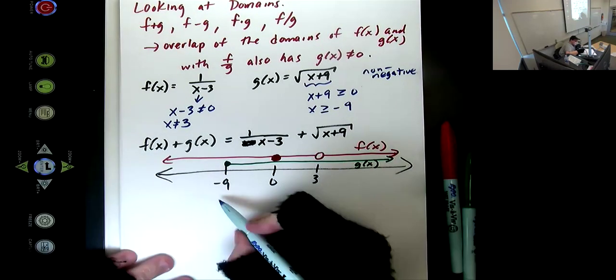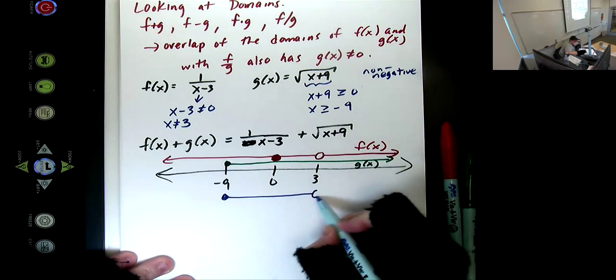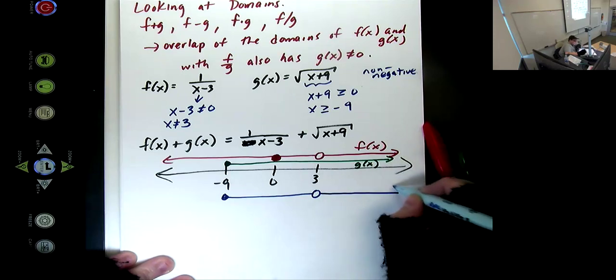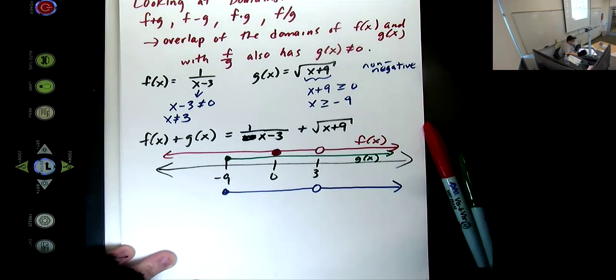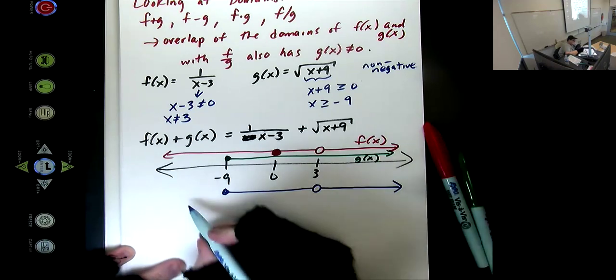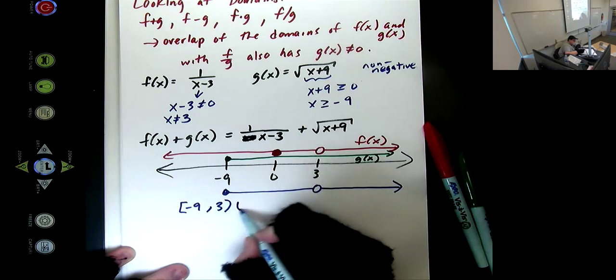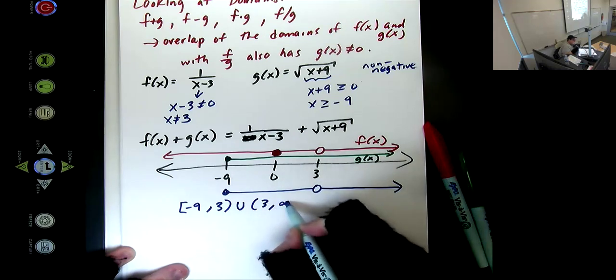So where these overlap, starts at -9, goes up to 3, f of x doesn't include 3, so neither does the combination. So we'd have -9 up to 3 in union with 3 to infinity.